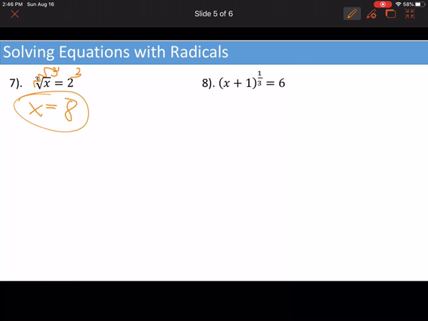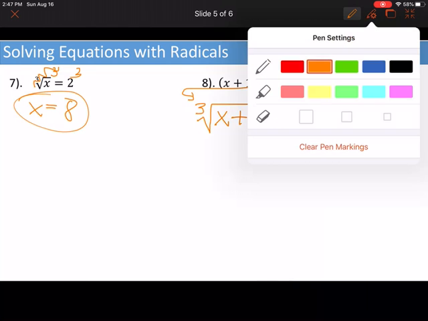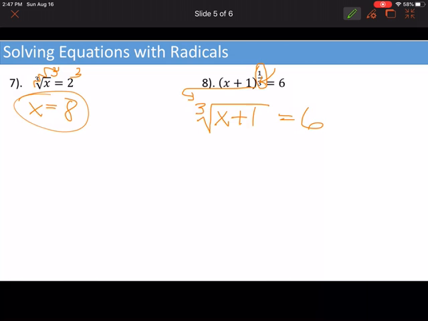Right, so this is similar to the half, but now we know if it's a fraction, it's going to be a root or a radical. And the denominator will tell you what goes in front. So to undo it again, whatever this number is, if it was 5, you take it to the 5th power.